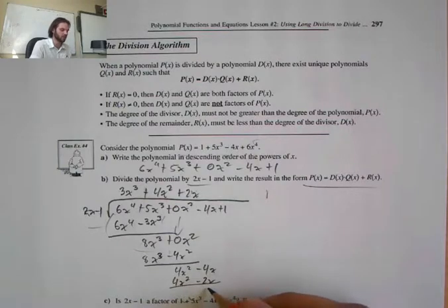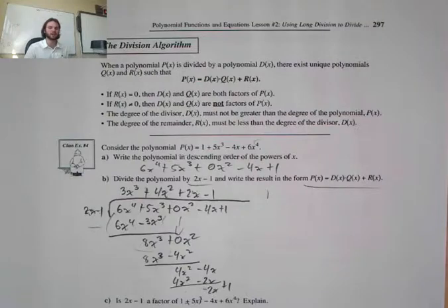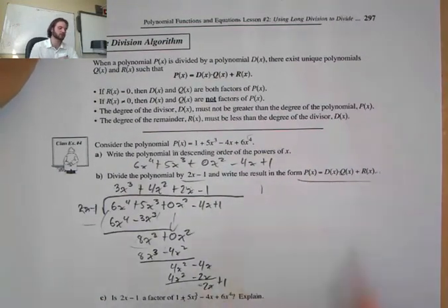So I subtract, I'm going to get negative 2x and then plus 1. Now, 2x minus 1 goes into that negative 1 times, and we will have no remainder. So that works out pretty perfect. In this case there is no remainder.